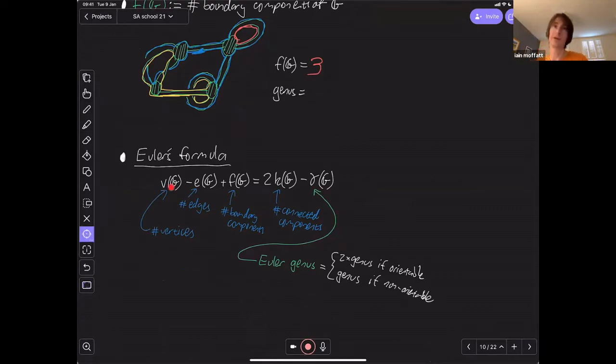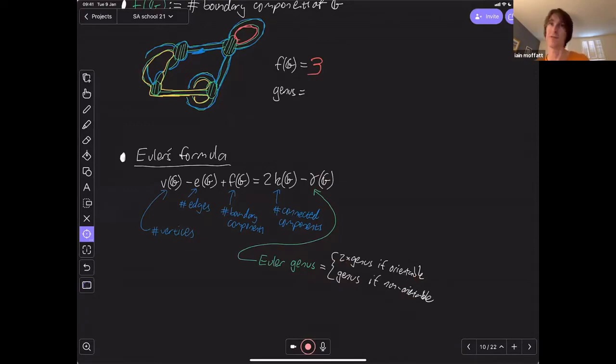So Euler's formula is V minus E plus F is equal to twice the number of connected components minus a parameter called the Euler genus. And the Euler genus is equal to its genus if it's non-orientable, or twice its genus if it's orientable.